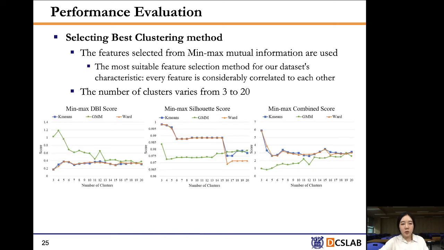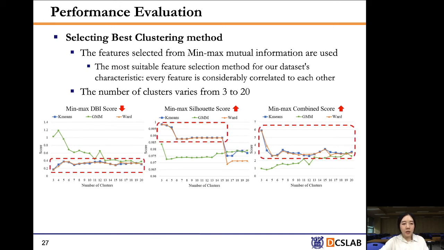So this graph shows the score results from DBI, silhouette, and combined score. And note that the lower the DBI score, the higher the silhouette score, and also the higher the combined score, indicate the better the cluster quality. The graph shows that k-means and Ward linkage clustering are very similar in cluster scores, while GMM shows a slightly different trend compared to the other two methods.